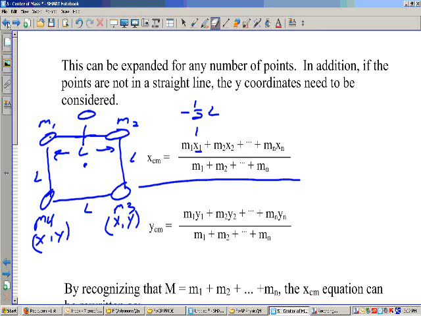I hadn't planned on doing this, but what the heck. Let's figure out the center of mass for that system here.